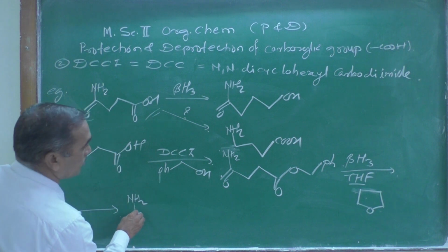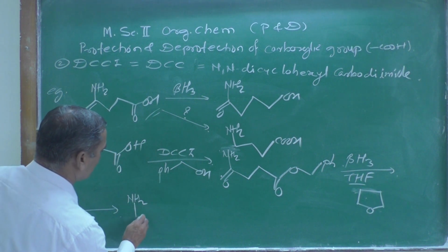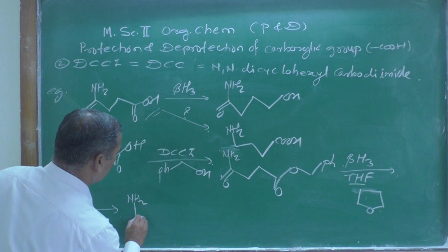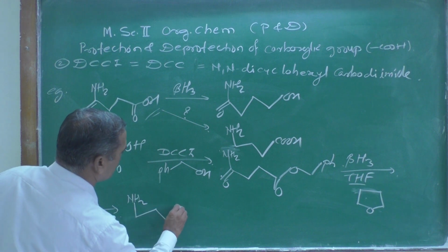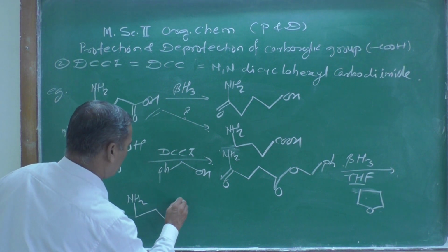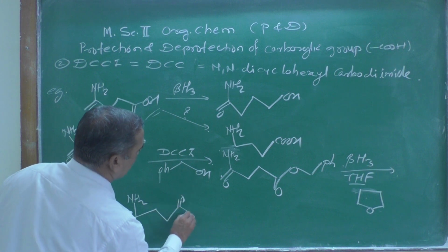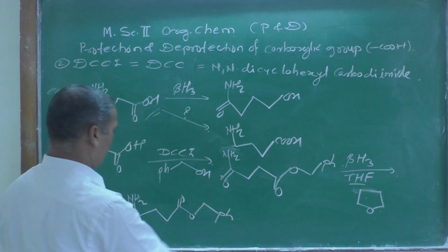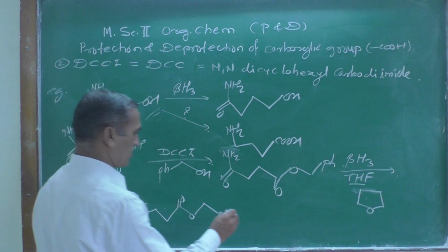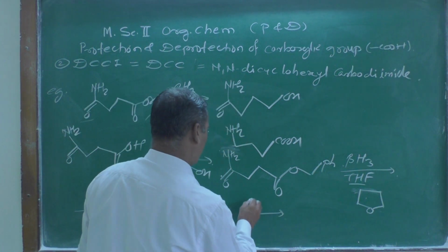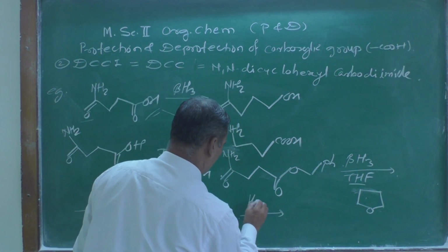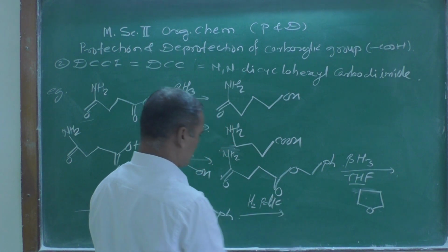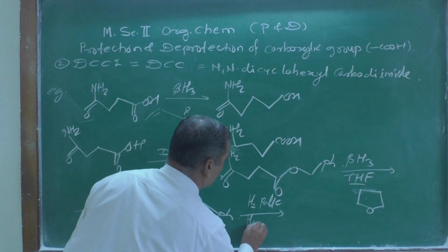NH2, then CH2, CH2, then double bond O, then O, CH2 and Ph. And if it is converted to this one, then you can treat it with H2, palladium in presence of charcoal, that is the hydrogenolysis.